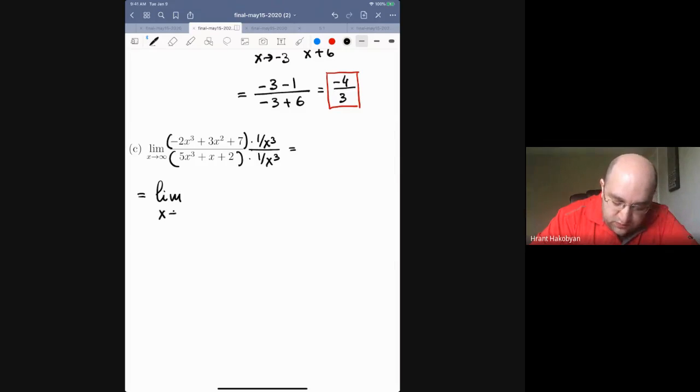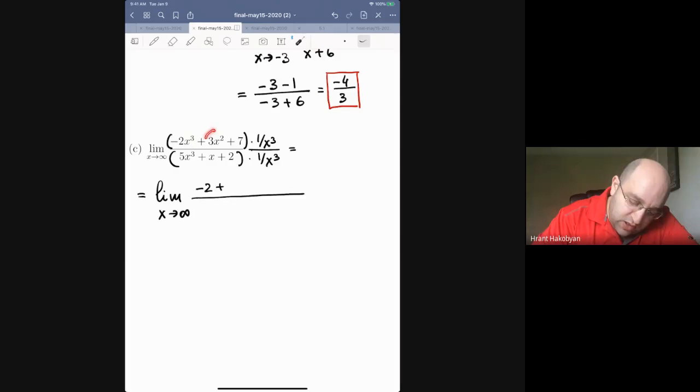x going to infinity of, okay, so I have negative 2x to the third divided by x to the third. So that's going to be negative 2. Then I have 3x squared divided by x to the third.